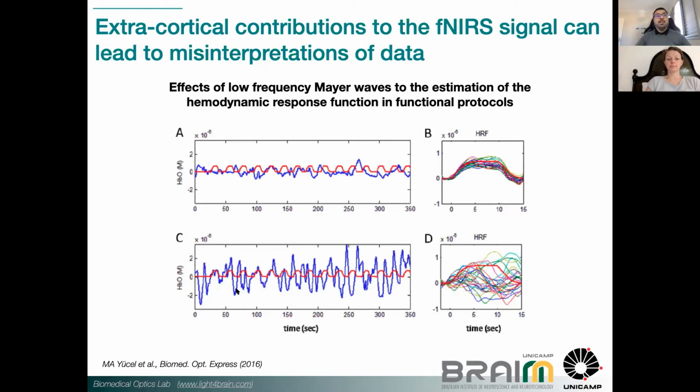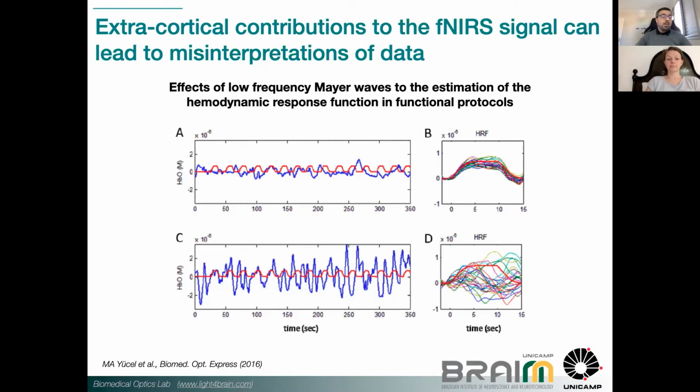This will increase your variability and therefore decrease your certainty in estimating the brain response, or the fNIRS response, due to a task.